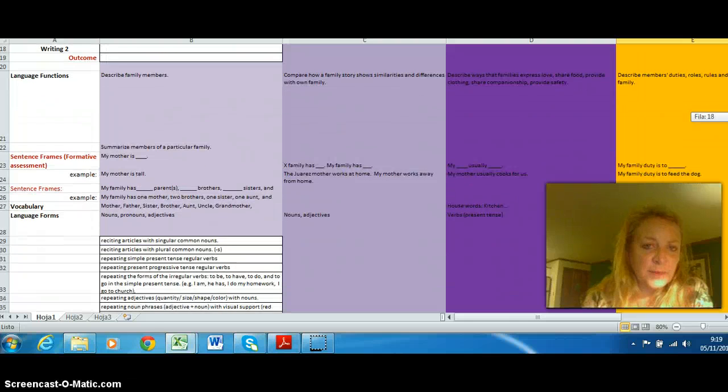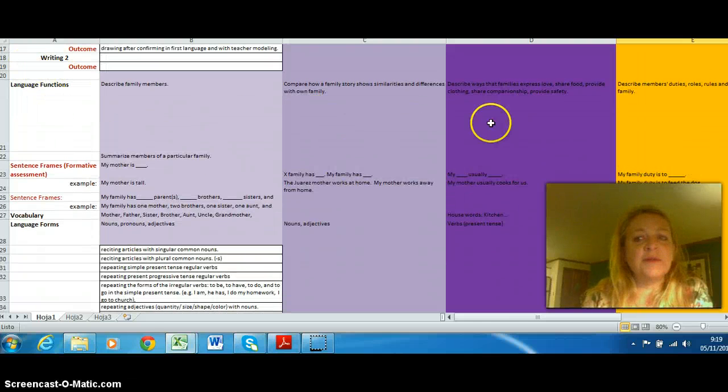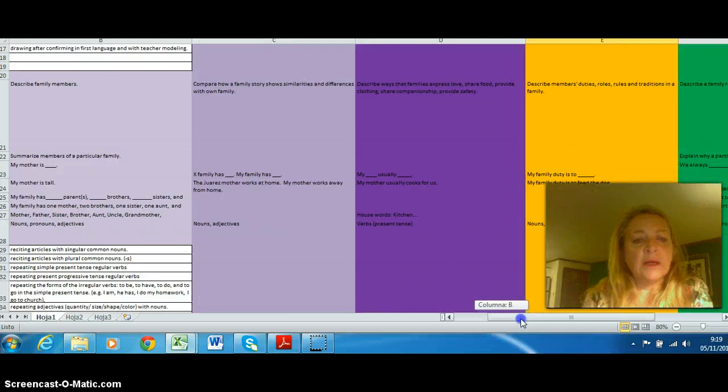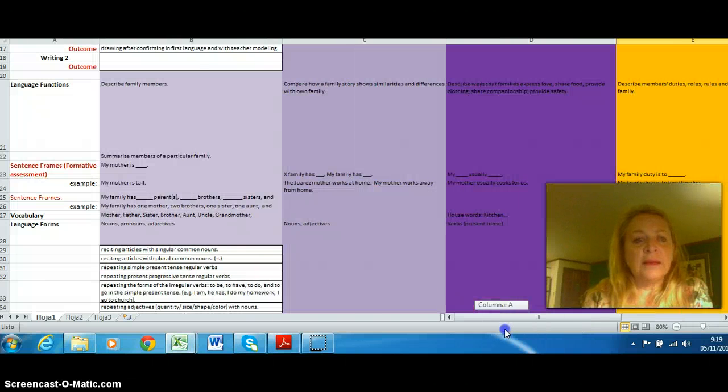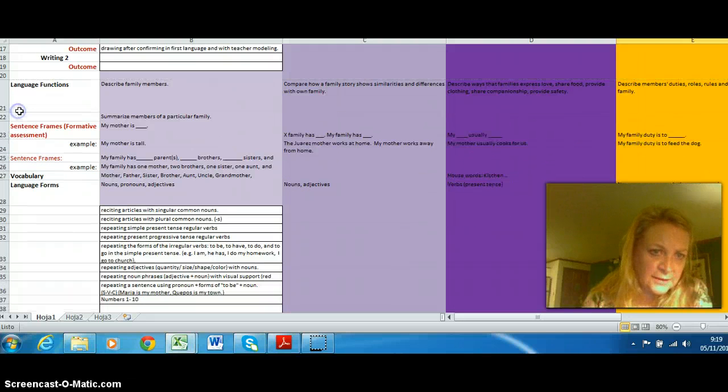And I also put in the language functions for each grade. Okay. I'm going to go ahead and just move that a little bit this way so it's easier to see everything. And then matched to the language functions, I've put together these sentence frames.